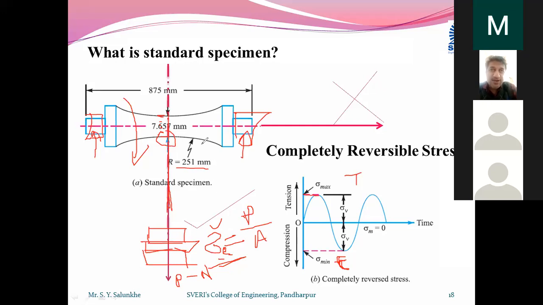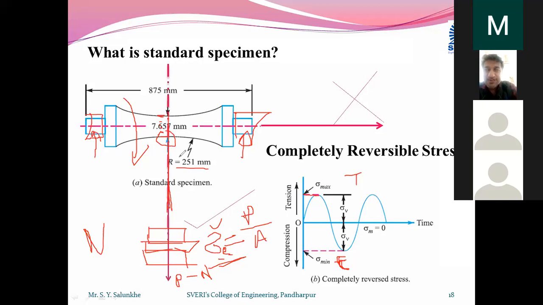As soon as you apply that amount of load, instead of starting rotation, the specimen will undergo plastic region.